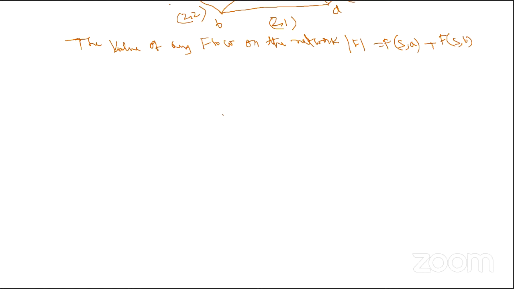We have f of (s, b) is less than or equal to k of (s, b), which is less than or equal to 2.